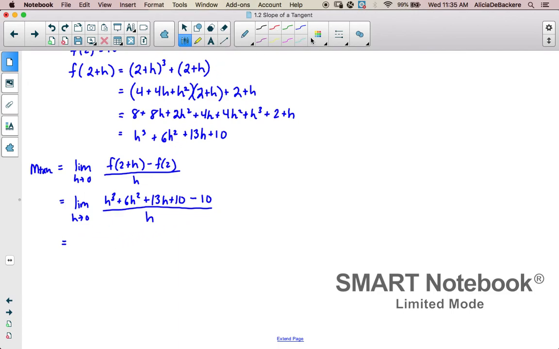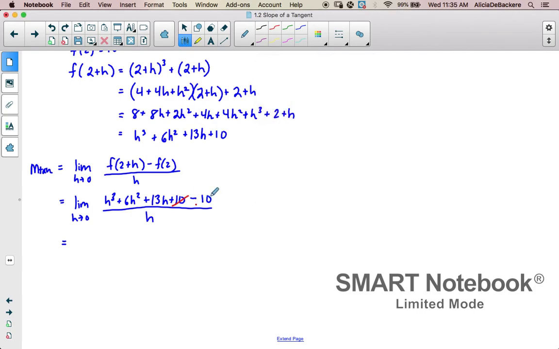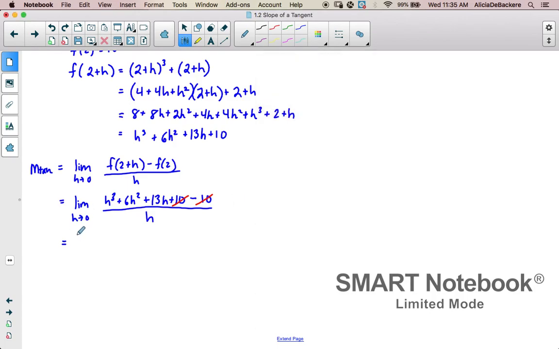Like we've seen before, what happens here is the 10s cancel out at the end, and I see that there's a common factor of h. So I'm going to bring that out. Again, I haven't taken the limit yet because I haven't canceled away. So I've got my h, and now the h's are going to cancel away, and I'm left with an expression that I can take the limit of.